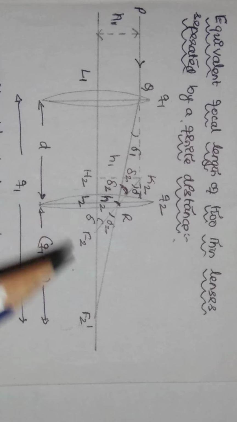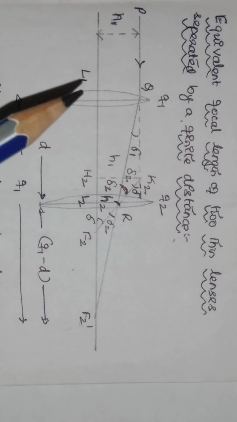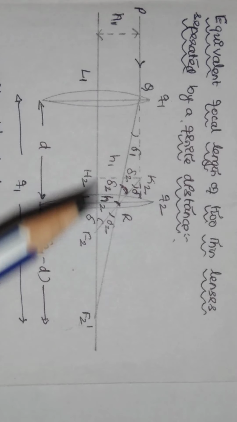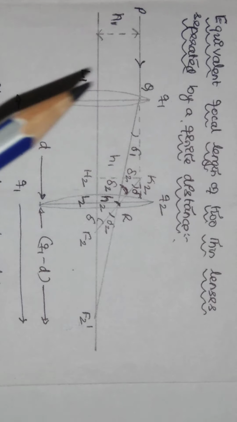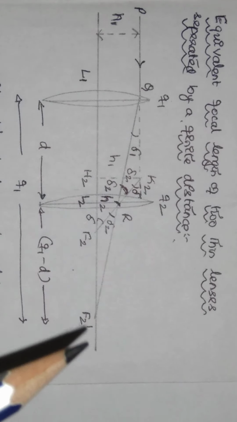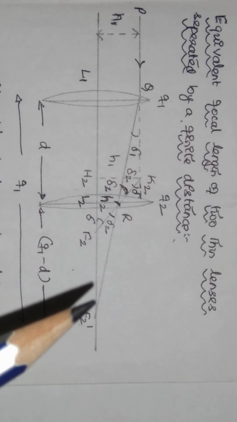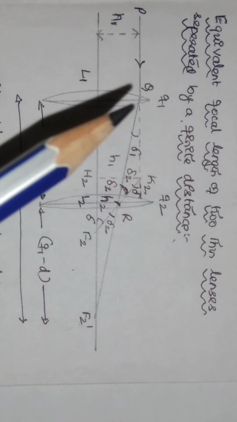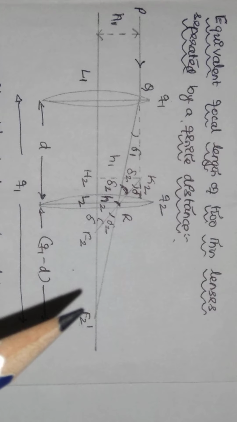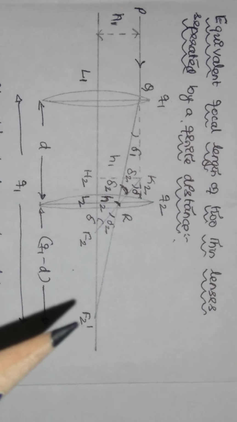In these two similar triangles, from the triangle QL1F2 dash we have QL1 by L1F2 dash, and from the triangle RL2F2 dash we have RL2 by L2F2 dash. Therefore, it is observed from these two expressions that QL1 by L1F2 dash is equal to RL2 by L2F2 dash.